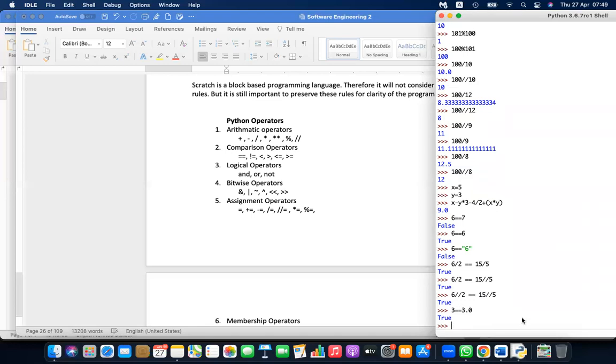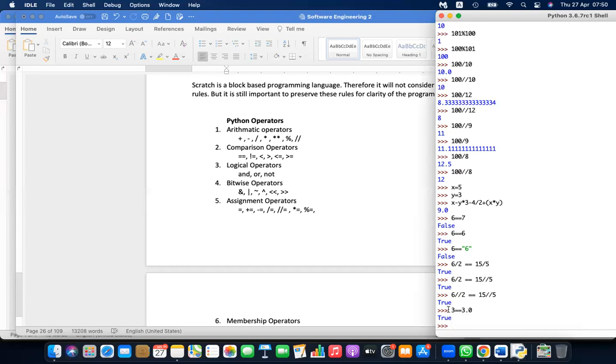This is a bit odd, right? One side is an integer, the other side is a float, but they can be compared. Integer and float can be compared, but integer and string cannot be compared. So you need to remember that.